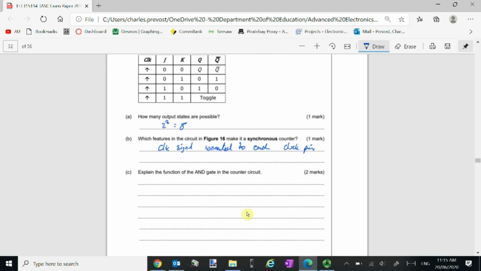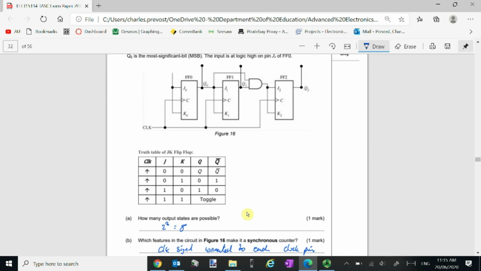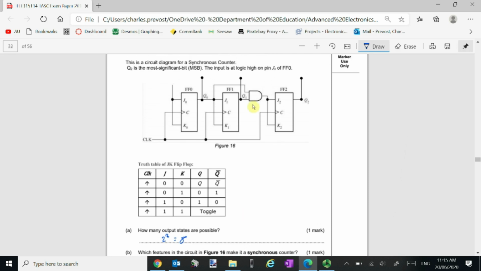Explain the function of the AND gate in the counter circuit. This is looking at when Q0 is 1 and Q1 is 1, which would make these 2 inputs go logic high. If J and K, which are connected to the output of this AND gate, are both logic 1, that makes toggle mode.